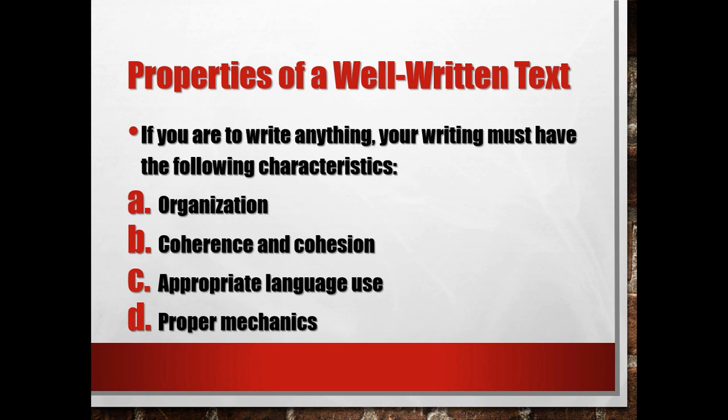Put them to heart and try to practice them all the time. Your ideas must be organized. There should be coherence and cohesion. There should be an appropriate use of language, depending on your audience, depending on their culture, depending on their tradition, and depending on what message you want to convey. And of course, the proper mechanics, meaning how you write your text.